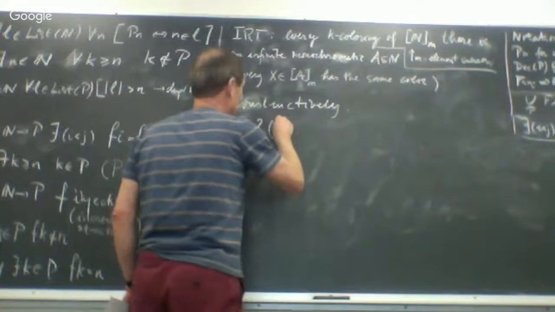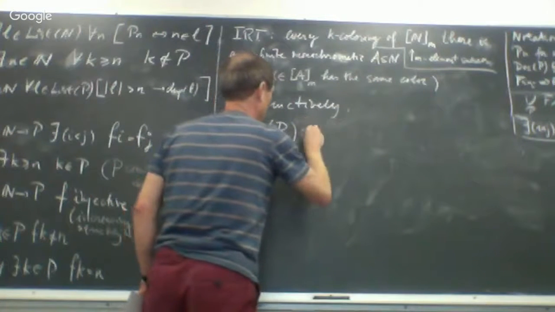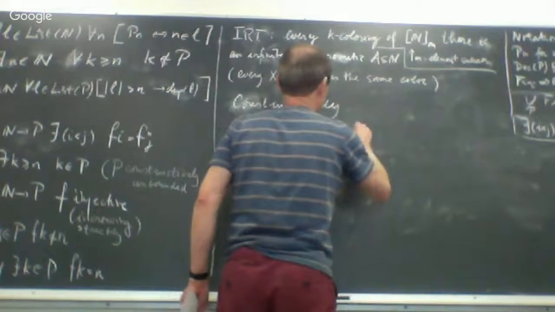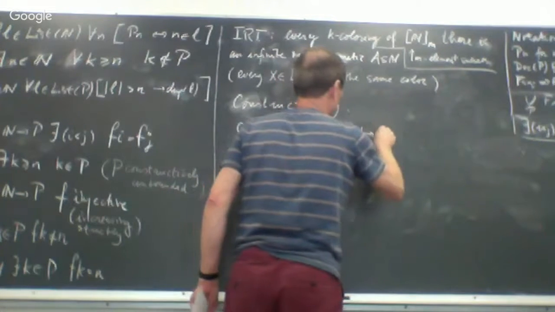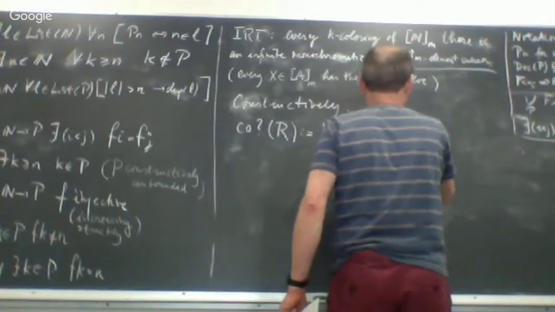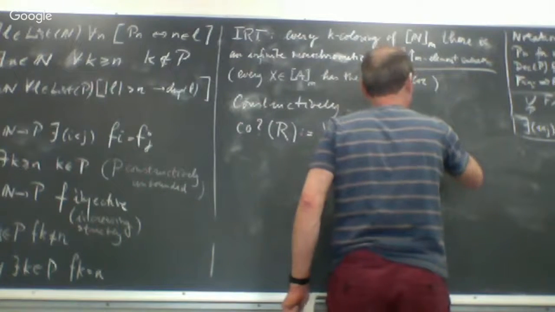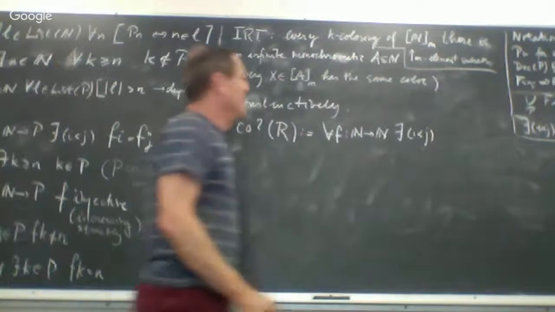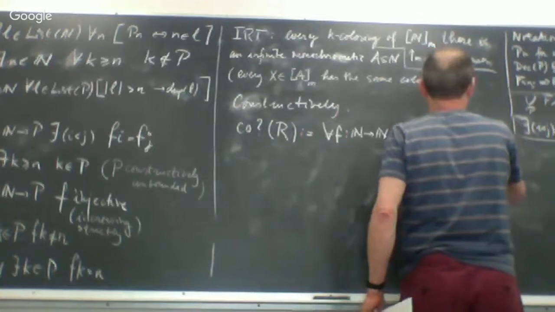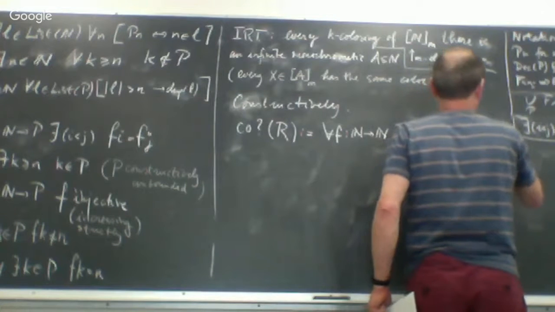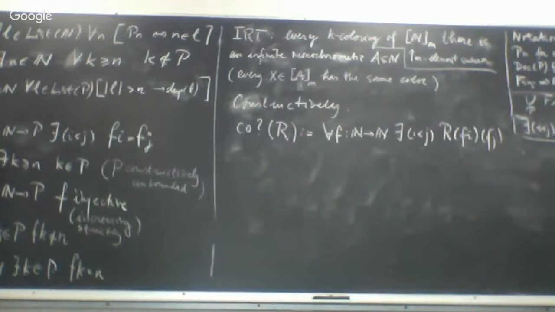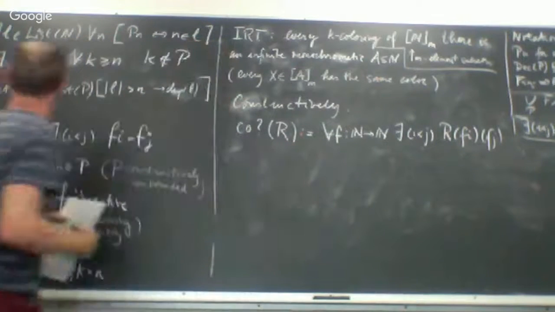It will become clear. It says that for every f from N to N, there exists a pair i smaller than j such that R of fi and fj, so fi and fj are in the R relation.